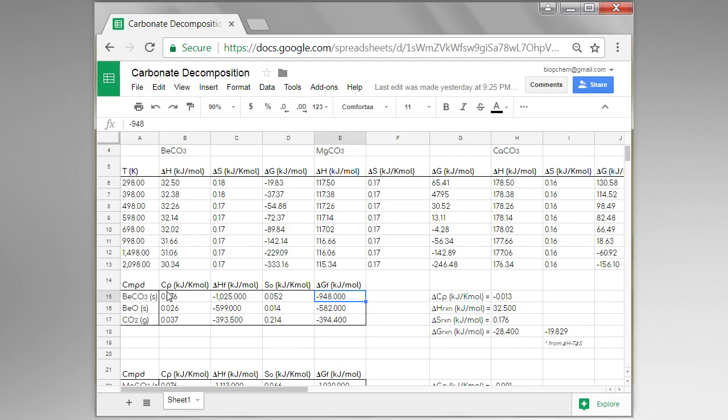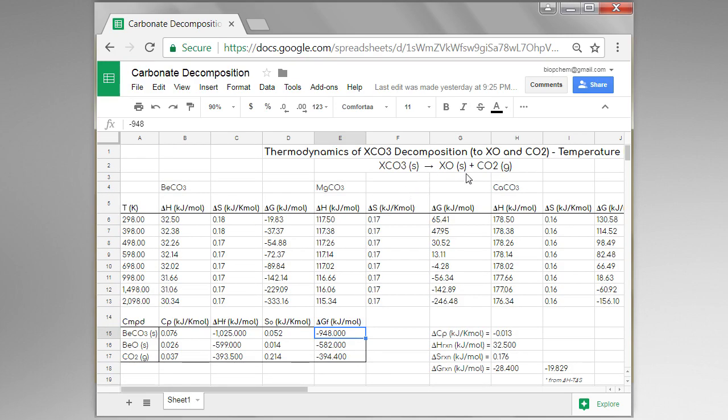For this reaction, we can take the formation enthalpies and entropies of the products minus the reactants to get the overall change in energy for this system. And we can do that at a bunch of different temperatures. That's a lot of repetitive calculations, right?